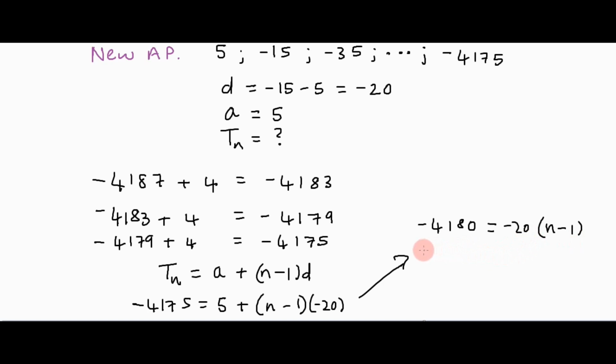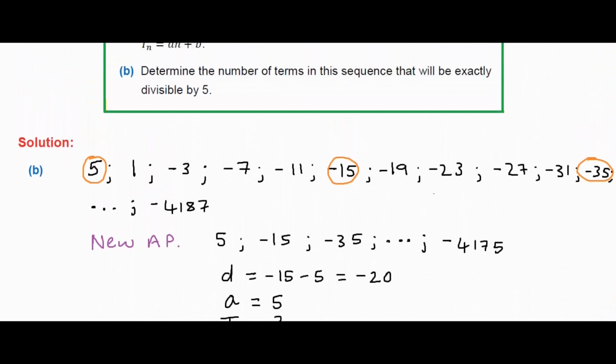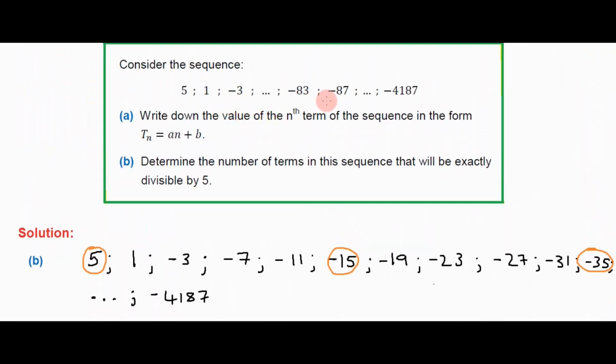Dividing by negative 20, 4180 divided by 20 is 209. And in solving for n, we find that n is 210. So that means that there are 210 terms in the original sequence that are divisible by 5.